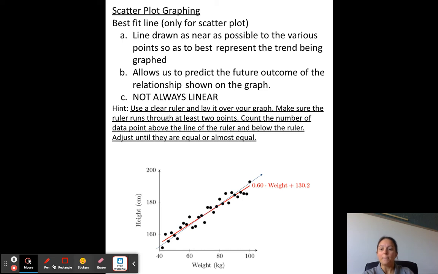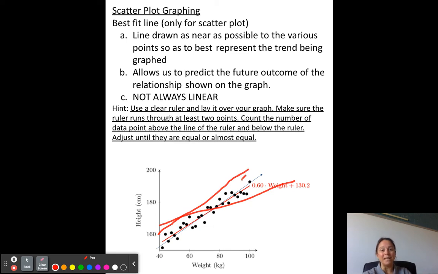But if I come over here and draw a line like this, notice that's really not representing the data. This side's a little low and this side's a little high. I could also draw a line right here. That's a trend line, and again, notice that trend line is a little top heavy. So we want to make sure the trend line is really representing the data and running through the data set.